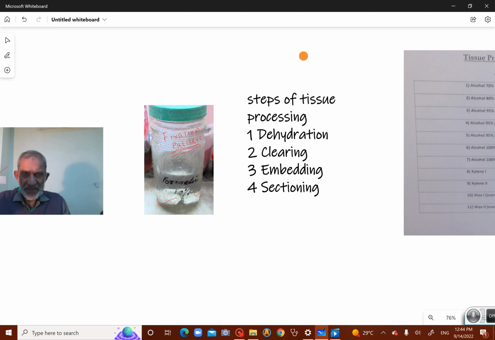You must receive the specimen in formalin from the operation theatre, from a surgeon or from a physician who has submitted say an endoscopic biopsy, and you must keep it in formalin so that the tissue is preserved. If this is not done, the tissue will get petrified and you won't be able to do any processing. So that is very important, keeping the tissues in formalin.